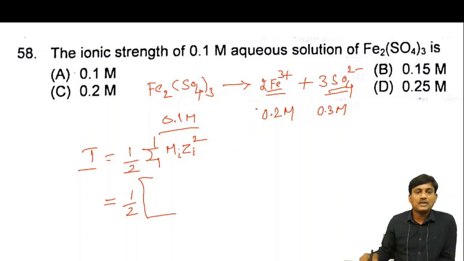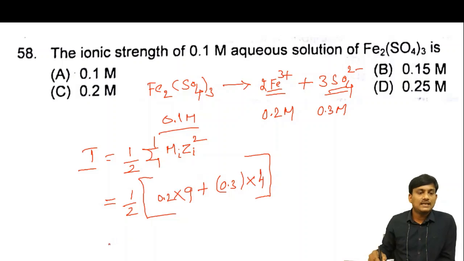Let us take the first ion Fe3+, concentration is 0.2 into what is the Z value? It's 3 plus, 3 square, it will be 9. You have to take Z square. And the second one, SO4 2-, concentration is 0.3 and what is the charge? 2, it will be 2 square, 4.